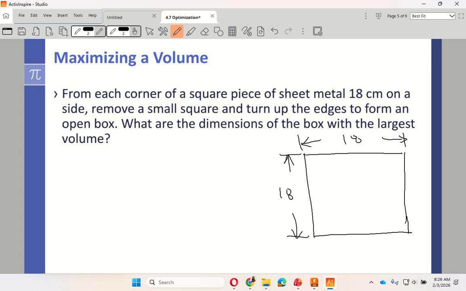So the corner is going to look like this.